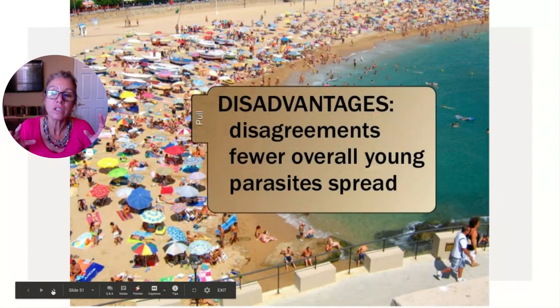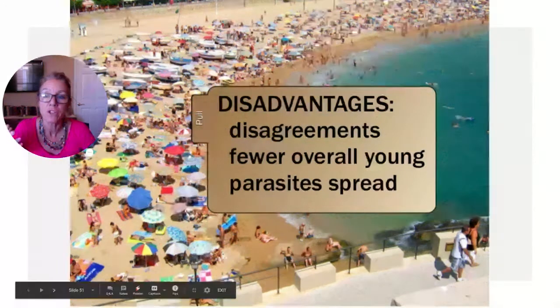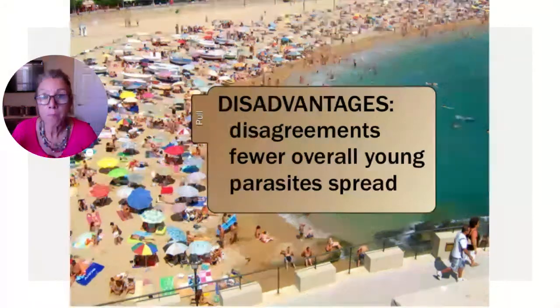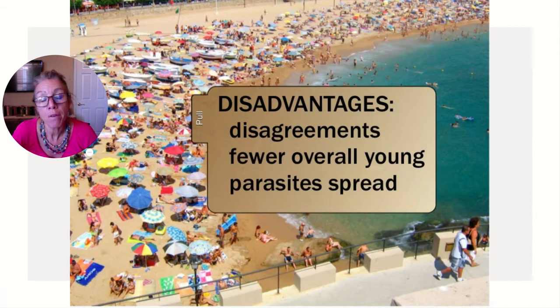Those disadvantages are you have disagreements. It's like, I want this. Also, a lot of times, not in human populations, but in animals, you have fewer overall young. If you're not the alpha male, the one doing the breeding, or the alpha female, then you will have fewer overall young. And also, when you live together in a population, it's easier to spread a parasite or a pathogen. I gave you all of those disadvantages already in your notes.